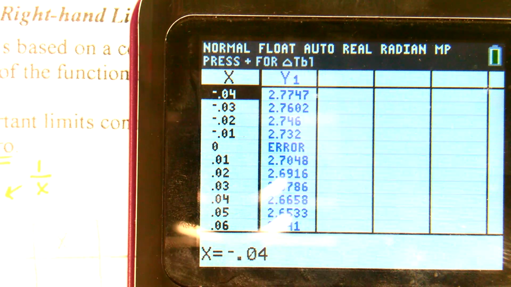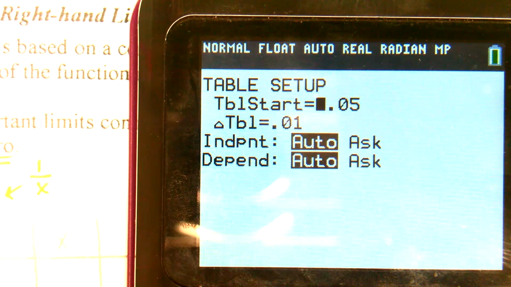So now we're getting closer. Can we at least agree it's 2.7 something? Because it's 2.7048 on the positive, 2.732. Okay. I'm going to go back to my table set for a moment. Second window. I'm going to go 0.0001. I'm going to go back to my table.